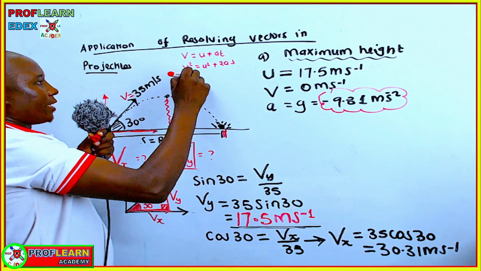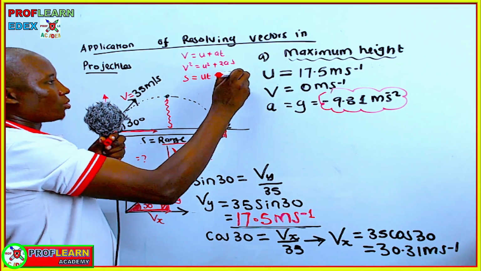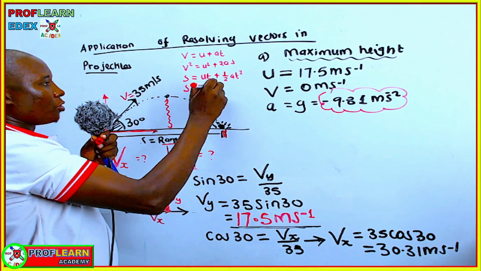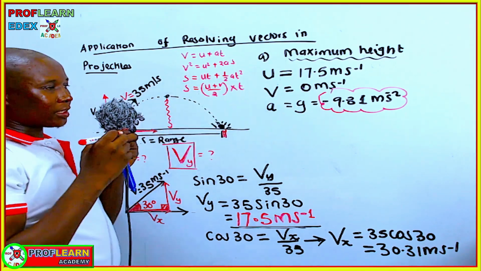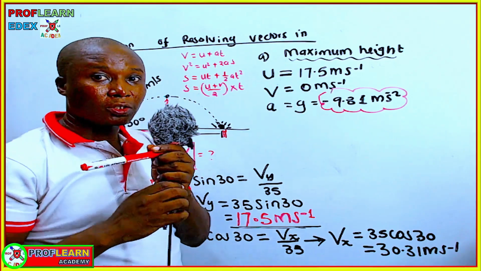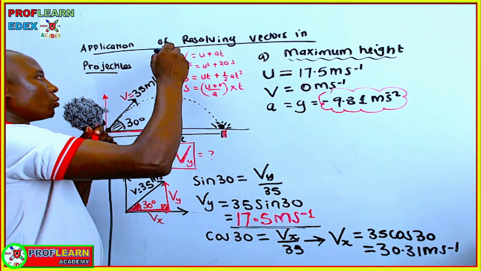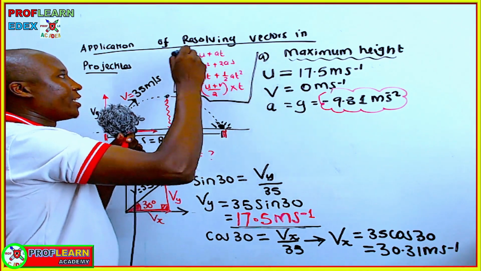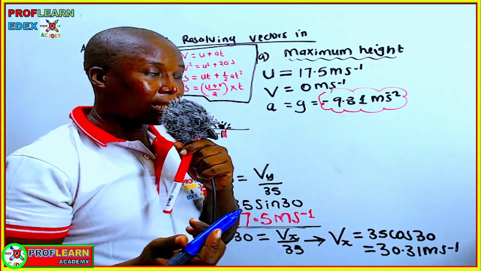And then we have s equals ut plus a half at squared. And then the last one, s equals u plus v over 2 times time. But you need to remember that for you to use a particular equation, you must ensure that you have sufficient information that's going to enable you to work it out.